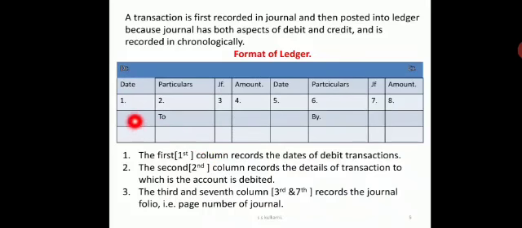The first column records the date on which the account stated on top is debited. Then in the particulars column I will write to which account it is debited.